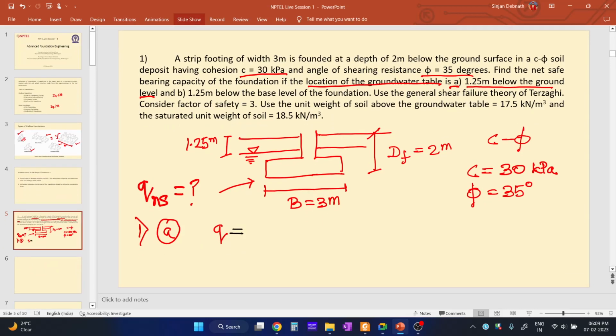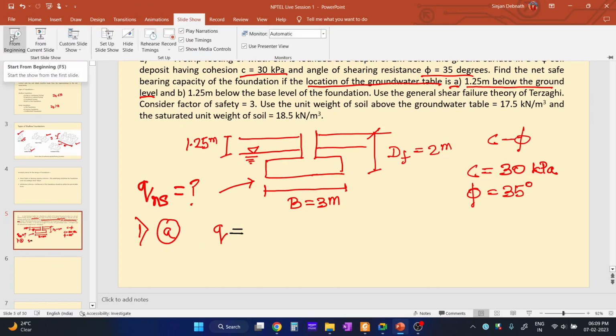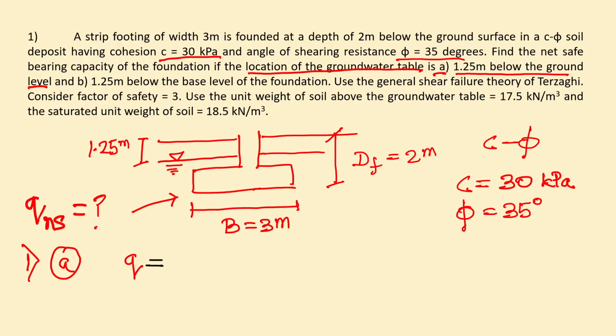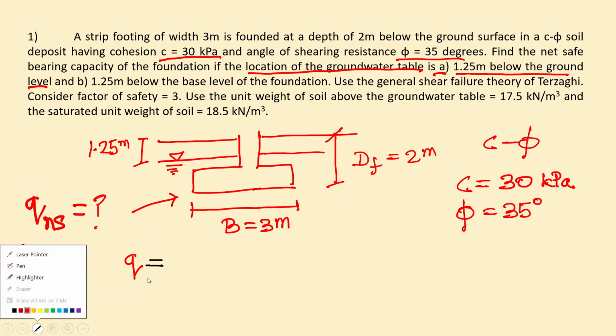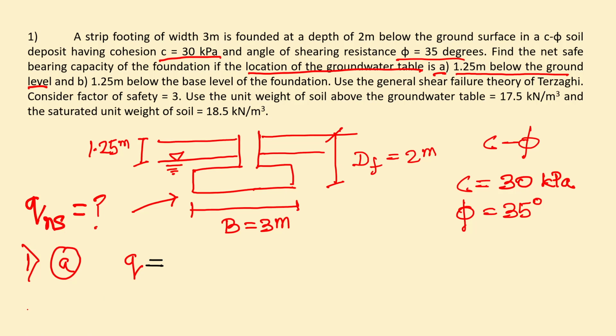q is equal to dw gamma, that is gamma means the weight of this layer. It is written over here.